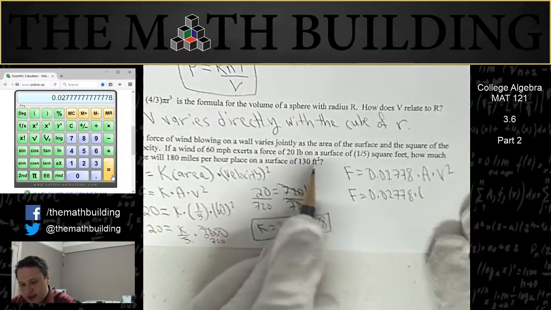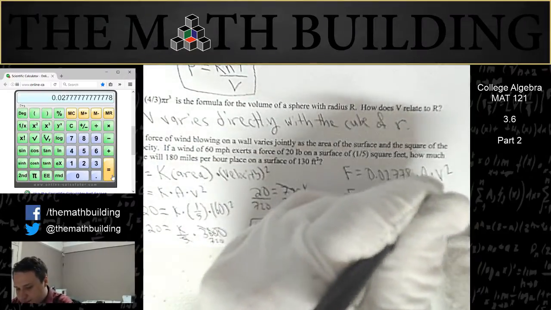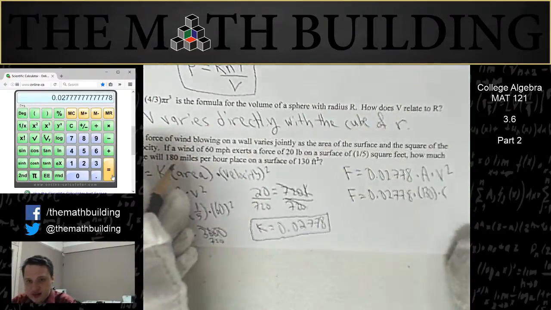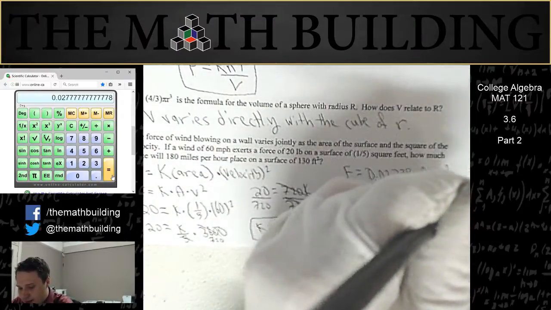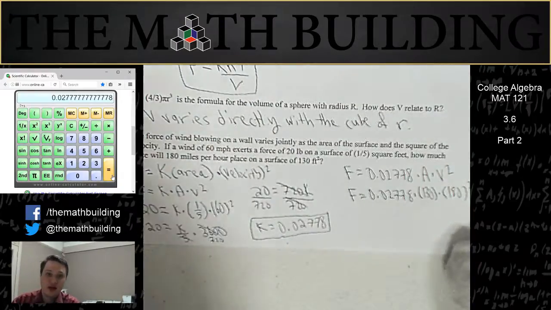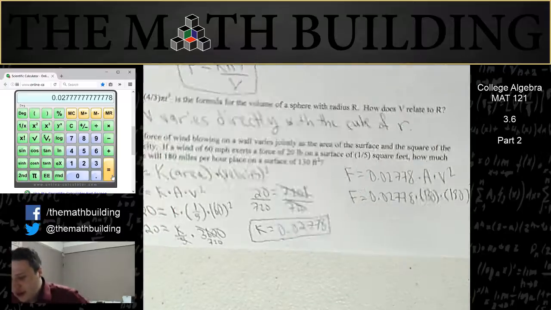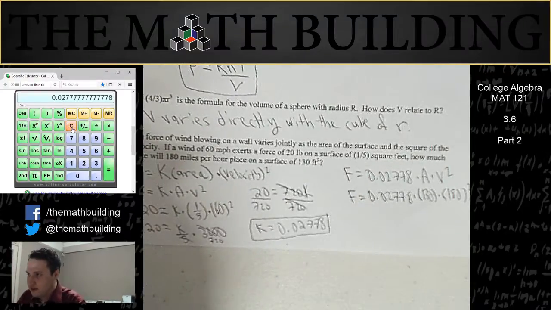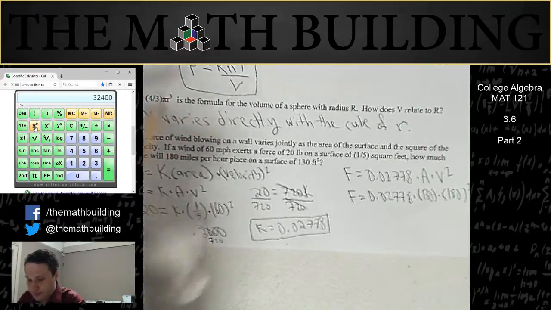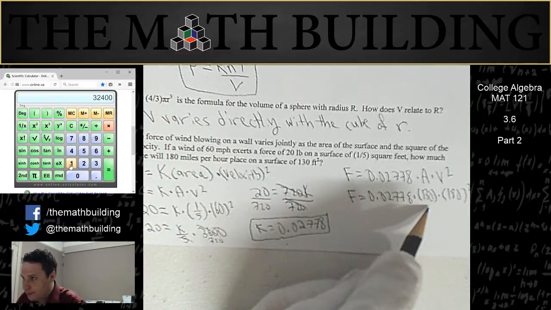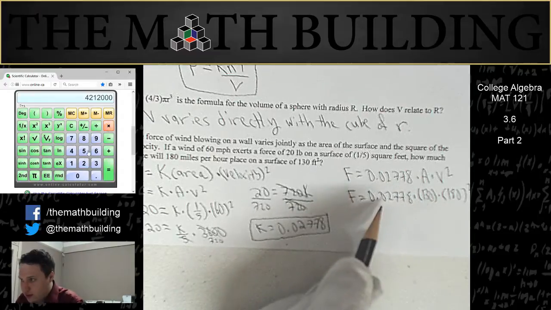Our new area is 130 square feet, and our new velocity is 180 miles per hour, and that number should be squared. So multiply all these numbers together, and we're done. So let's do it. We have 180 squared times 130 times 0.02778.